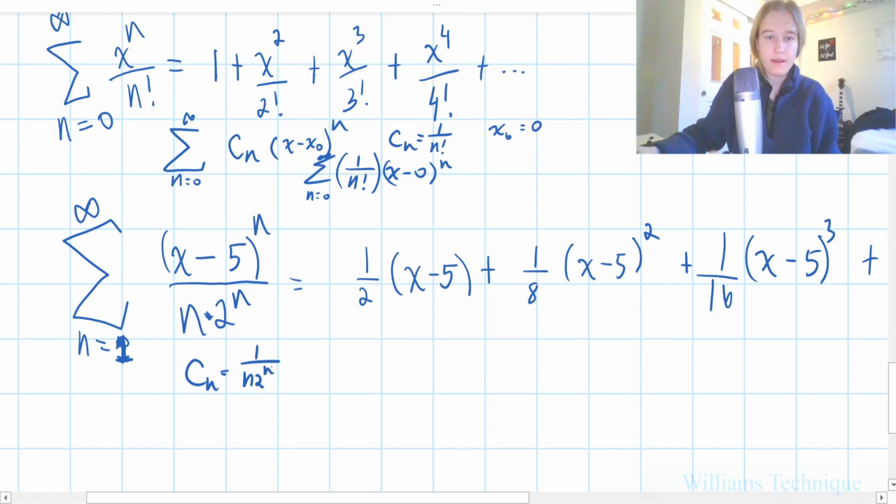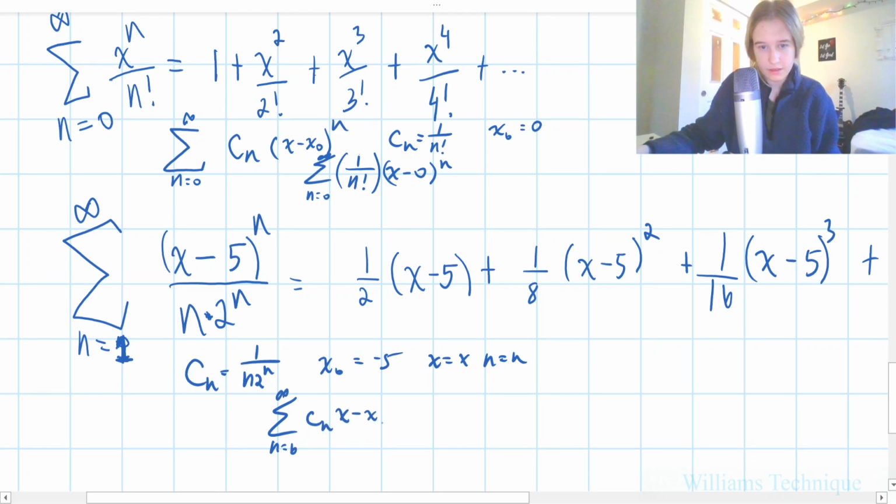So if we go about identifying it, let's say we start with the power series, then we have Cn is equal to 1 over n times 2 to the n. And then we have x naught is equal to negative 5, x equals x, and n equals n.